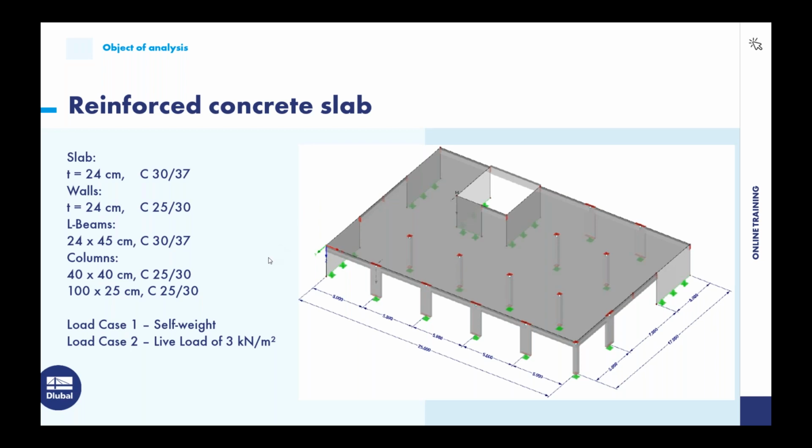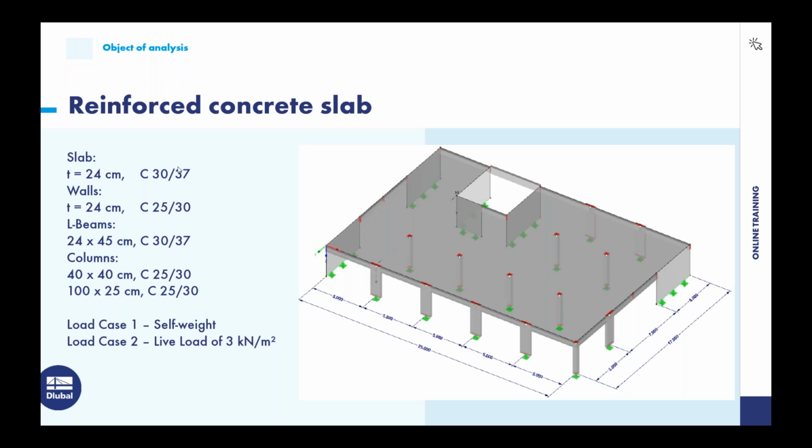Before we go into the program, I would like to give you a short overview of the object of our analysis. We are going to analyze this reinforced concrete slab and do the design for it. The slab is based on walls and columns, and we also have L-beams at the border of the slab in order to make it stiffer there.